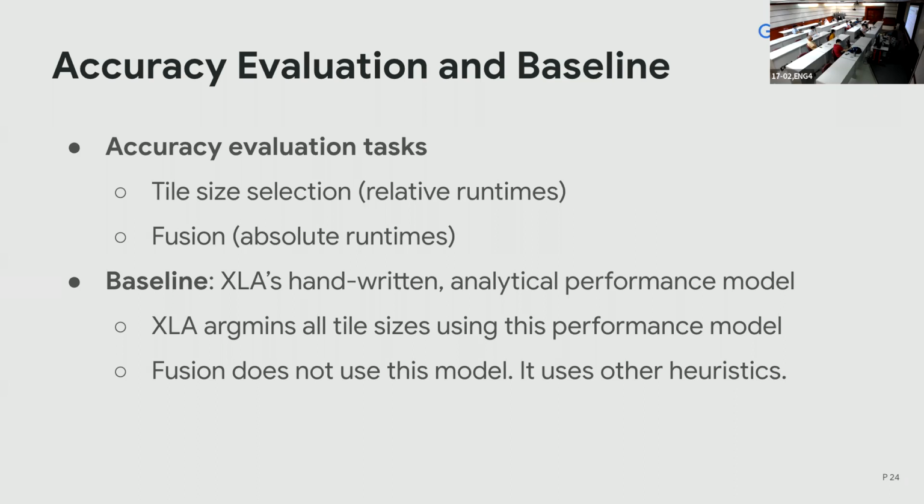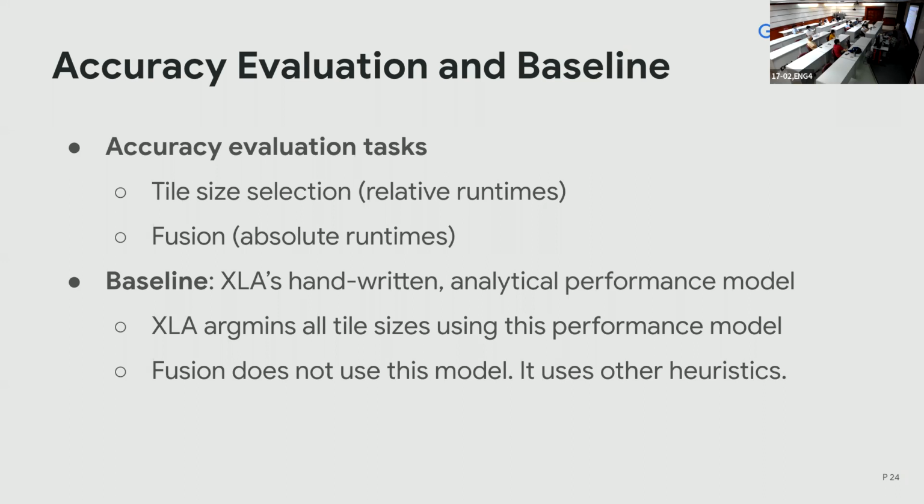And this is useful because when we have the entire graph, you can predict the runtime for each kernel fusion, and then you can sum or weighted-sum these up to predict the whole runtime of the graph. And the baseline that we compare our cost model with is a handwritten model that is used in the compiler. It's built specifically for tile size selection. We also adapt this cost model to use for the fusion task as well, but it's not built specifically for fusion tasks.